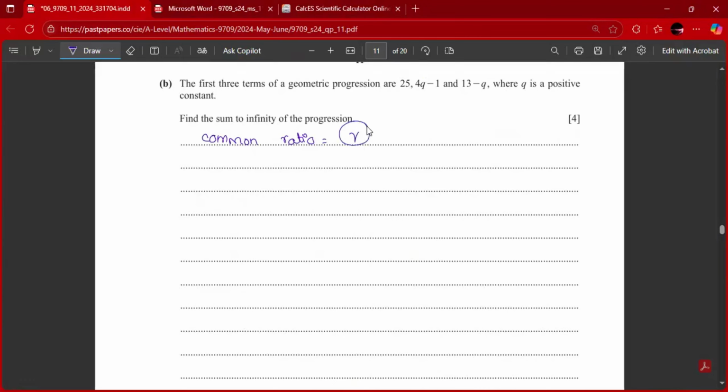So A2 over A1 is equal to R, and A3 over A2 is also equal to R. Now there's a condition that q is positive. Read the questions carefully, not like me.